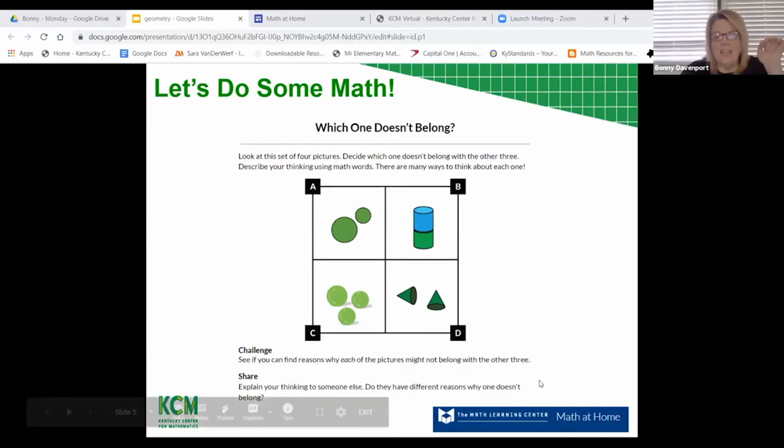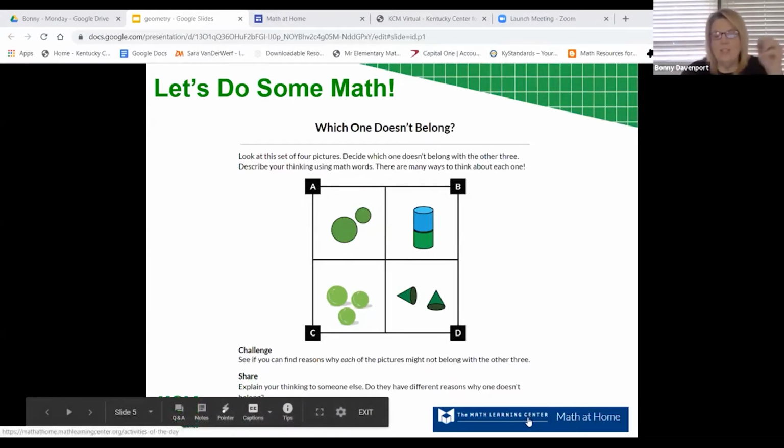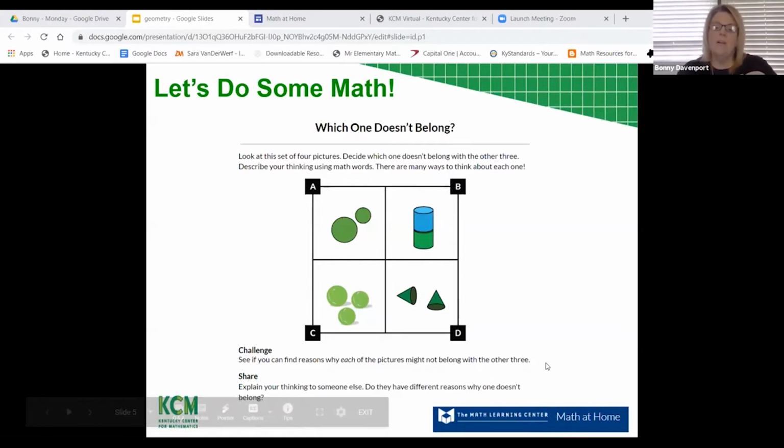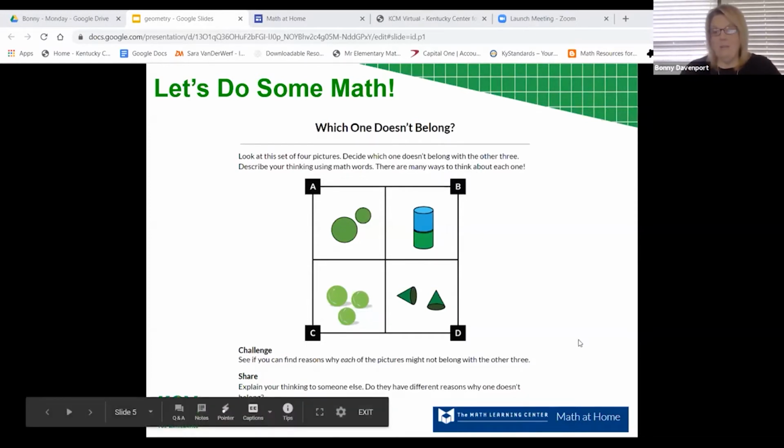And I have a link if you get into my presentation later, and this is a link to this page, and it has all different grade levels of Which One Doesn't Belong, and several different options for patterns and things that you can put on your board and just have a kind of a math talk or just a great level of discourse with your students about shapes.